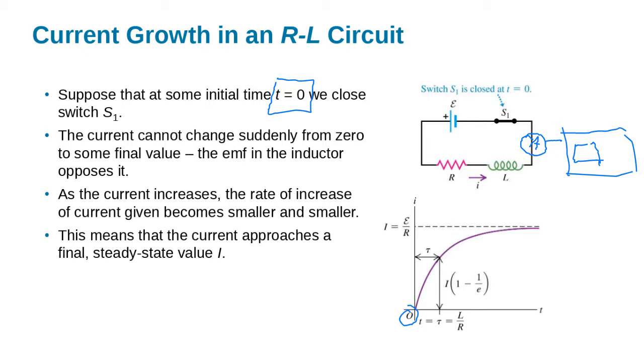So it has to start from 0 and then rise to some particular value. It will start increasing at a high rate to start with, and as the current increases, the rate of increase becomes smaller and smaller and eventually tends to some steady value.